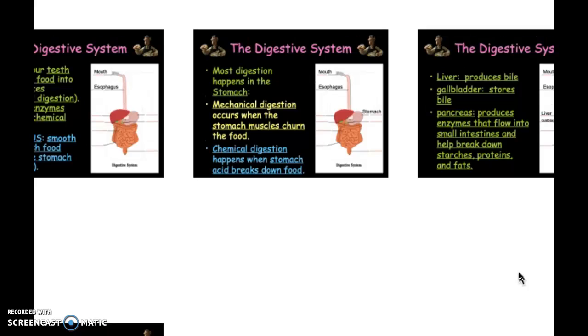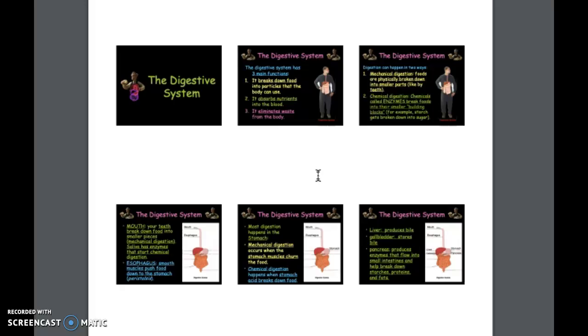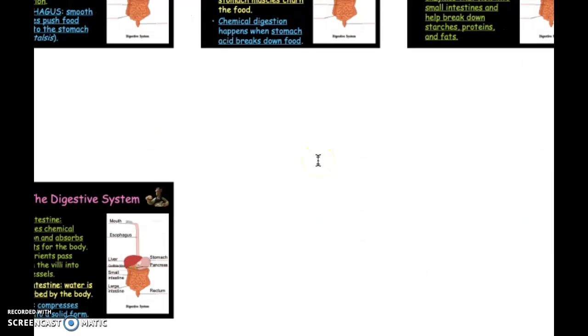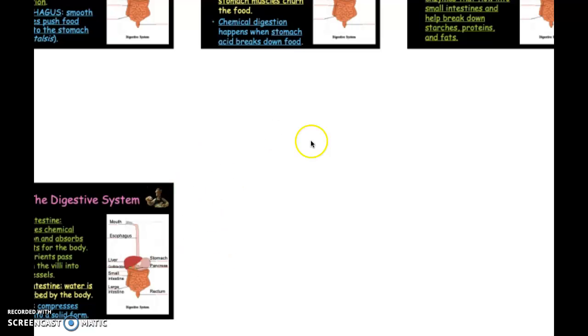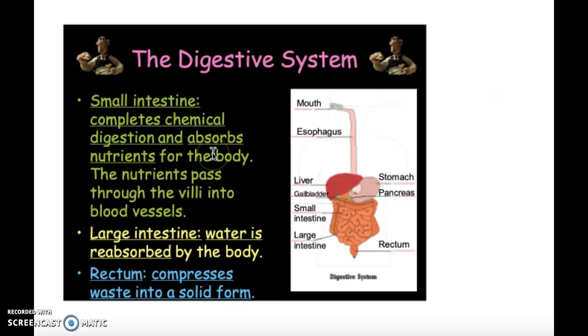Now I want you guys to use this information to complete our guided practice for today. We also have two more things that we need to talk about, which are the small intestine and the large intestine. The small intestine, as we already talked about before, absorbs all the nutrients that were produced in the body, and they pass through these small little linings called the villi.